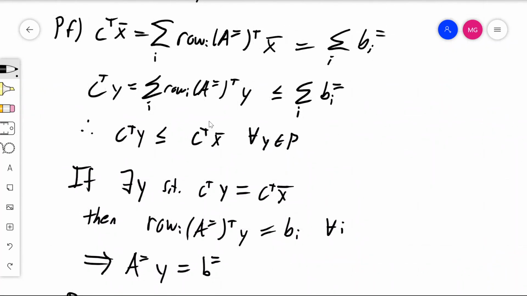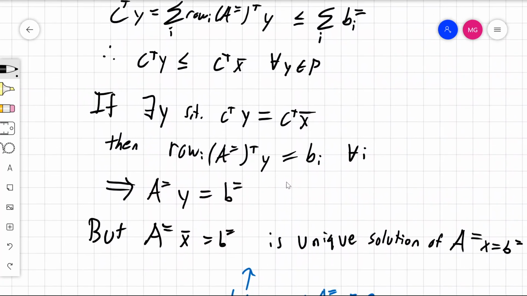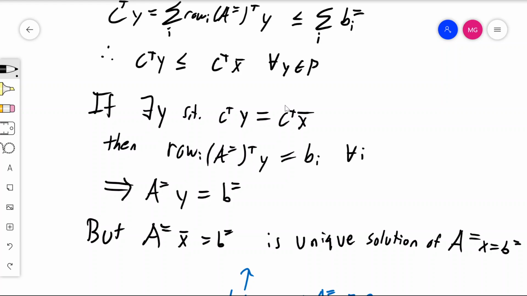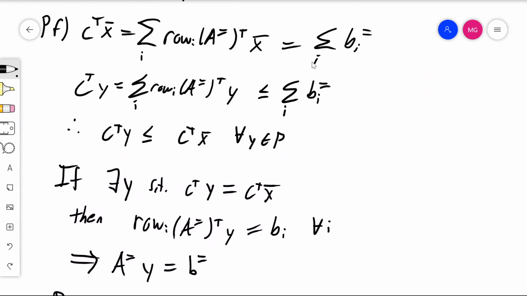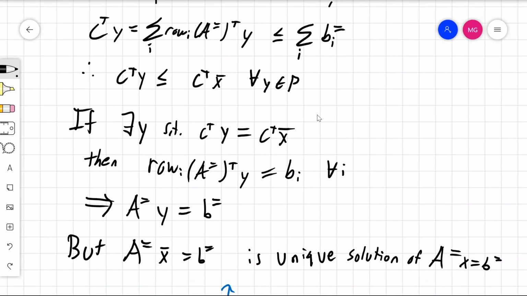Because if you look above, we said that each of those components was an upper bound, but we're assuming that overall we've attained the sum, that upper bound being the sum of all those components. So then individually for each of those components, we must have also attained that upper bound.